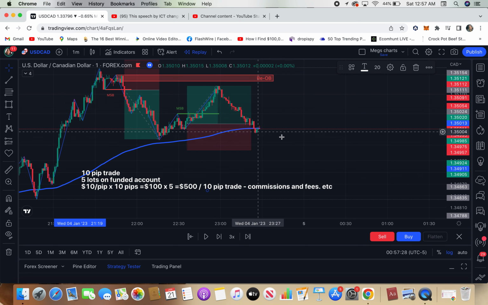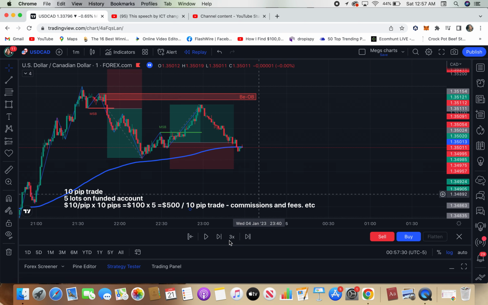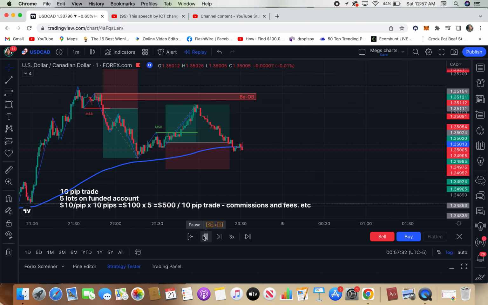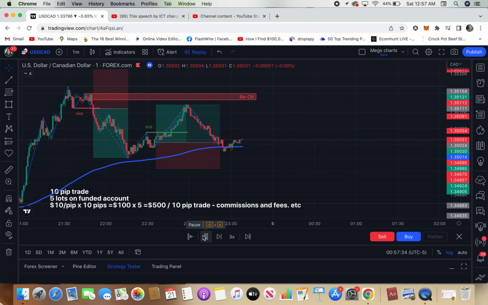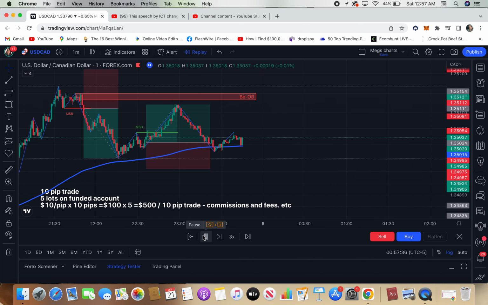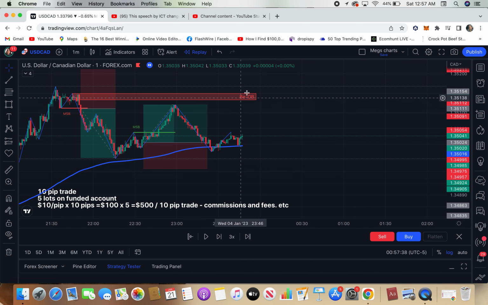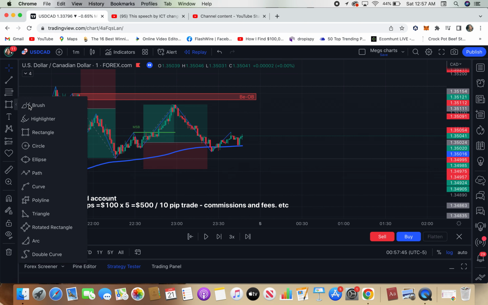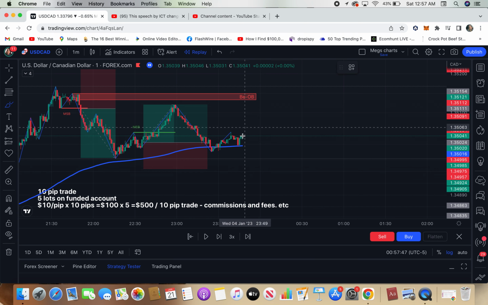So let's see what this does. Remember, there's a bullish order block right here. So it could go here and then bounce.